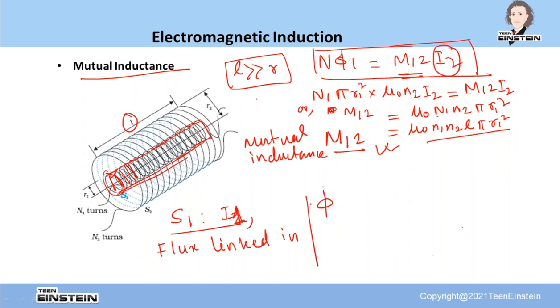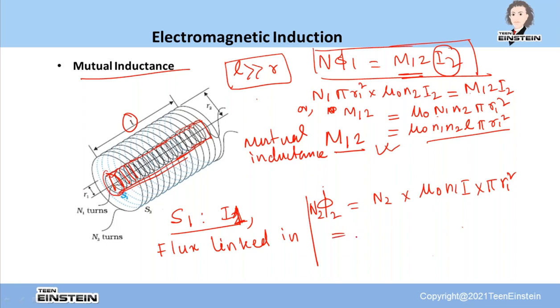So I can write N2 phi 2 is equal to N2 into B1. B1 is mu 0 N1 into I, into the area exposed to that magnetic field, which is pi R1 square. This dimension itself, this area itself.